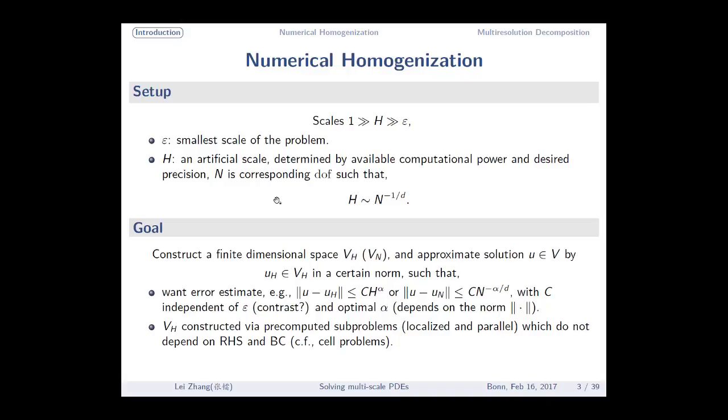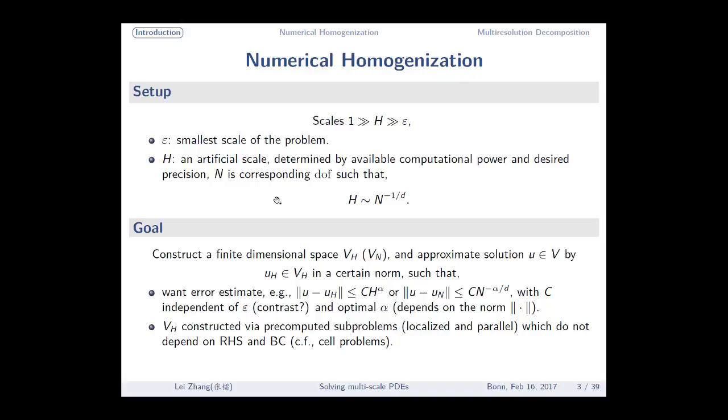Good space in the sense that you can have a quantitative error estimate, for example, something like this. This constant we usually want to be independent of the oscillation. Of course it would be best if it were also independent of the contrast, but in this talk I will just talk about the oscillation, with optimal alpha.